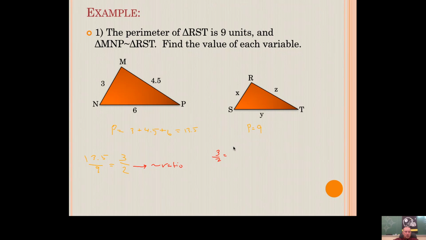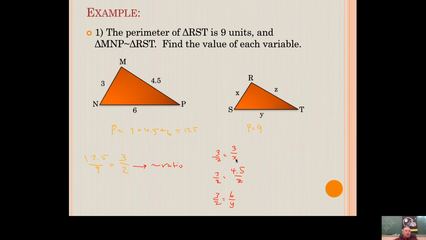So 3 to 2 equals 3 to x. 3 to 2 equals 4.5 to z. 3 over 2 equals 6 to y.